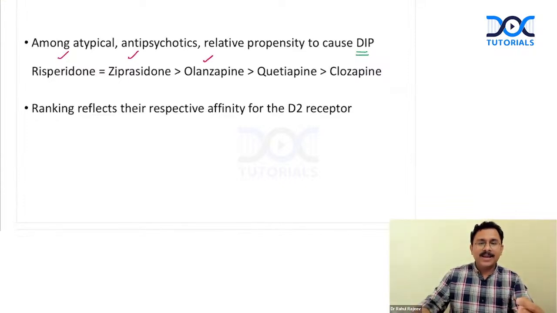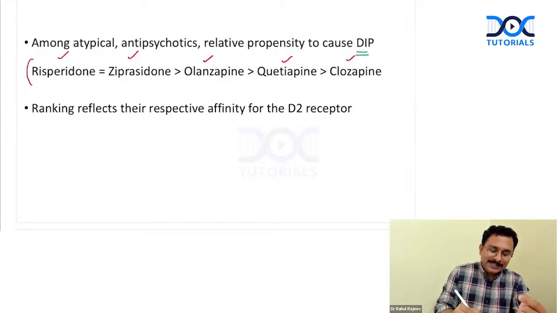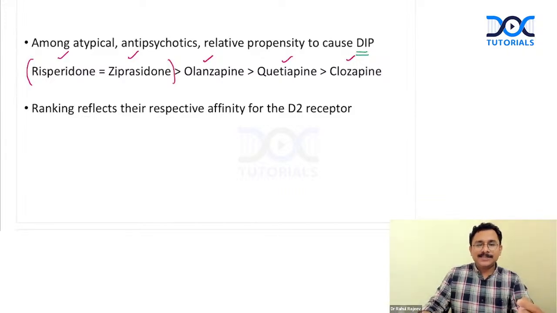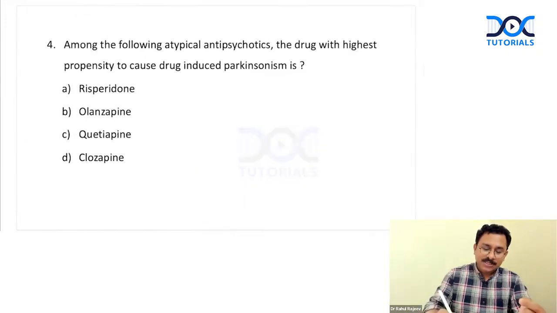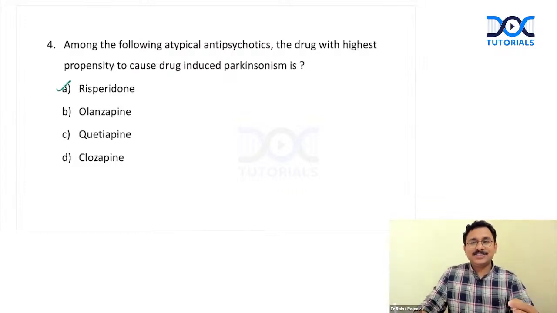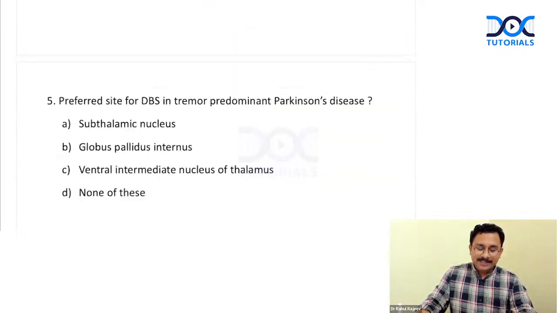This is followed by olanzapine, quetiapine, and then clozapine. So if the question is highest propensity, it is either risperidone or ziprasidone. And if you look at the options, yes, you have got risperidone in the options. Answer is option A. Got it? Okay, perfect. Let's go to the next question.